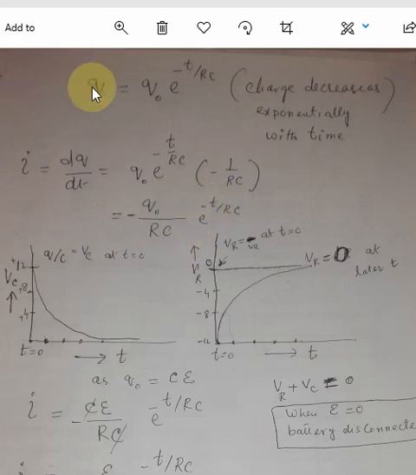So Q, I and Vc, all the three things are decreasing exponentially with time, not linearly.